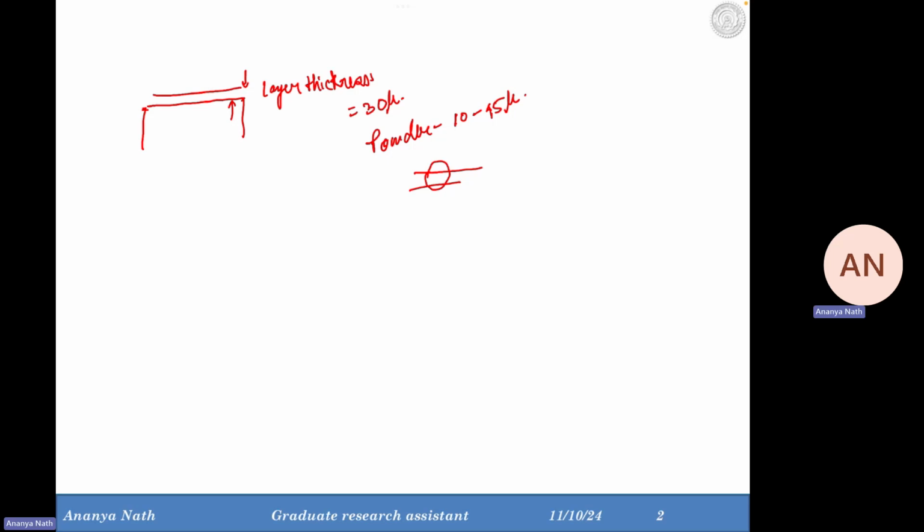If you see carefully, particles from 10 to 30 can be filled inside that 30 micron layer thickness if you are spreading it properly. So 90% of the distribution is going inside the layer thickness. But what about the last 10%? When you start depositing the material over the build plate layer by layer, this is my build part.